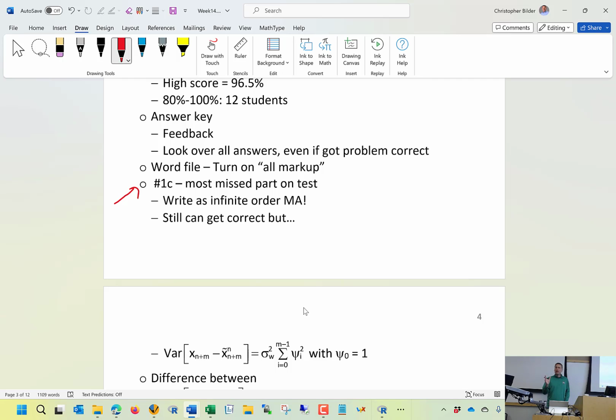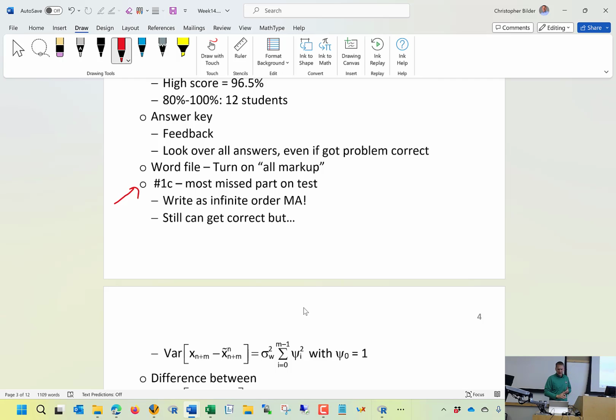Now, generally speaking, the students in the project were getting it right, so that's fine if you get it right. There's often more than one way to derive this stuff. But I believe I often put a note saying, see my answer key for this other approach.